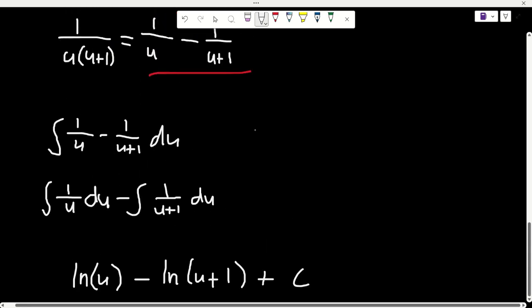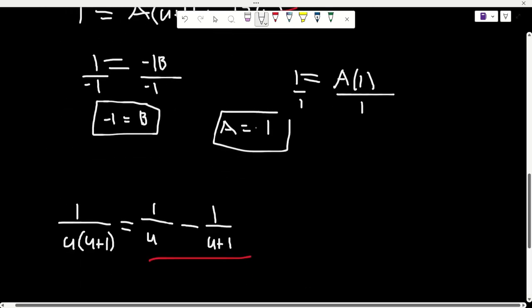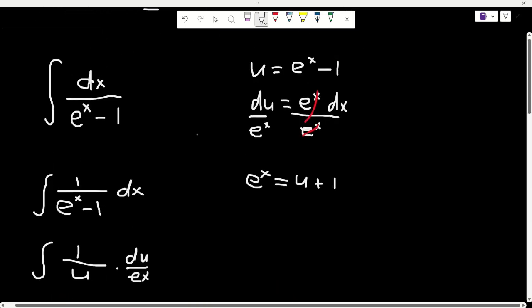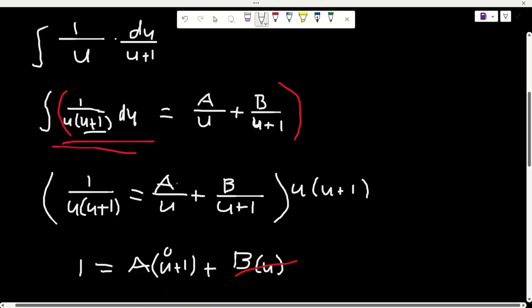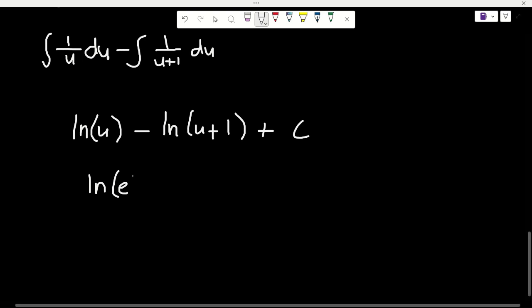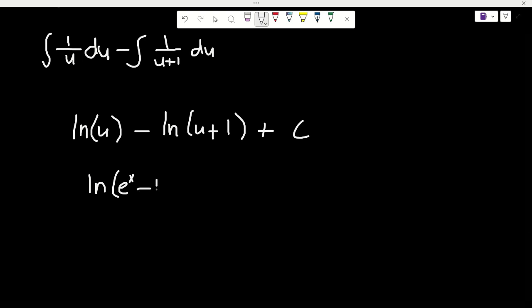Now, let us substitute back the value of u. Our u here is e^x minus 1. So now we can write it as ln of e^x minus 1 minus ln of e^x minus 1 and then plus 1.